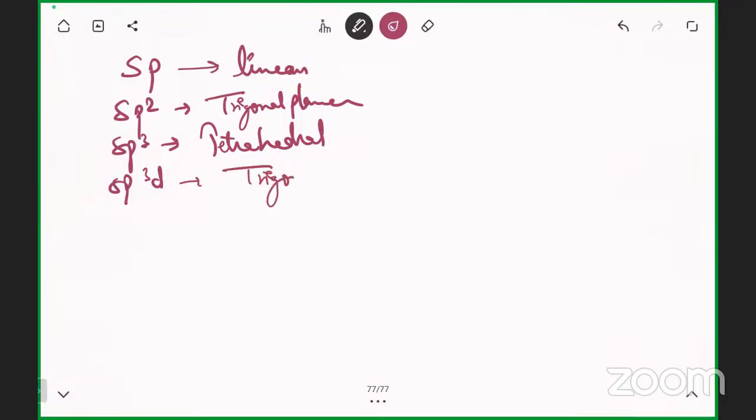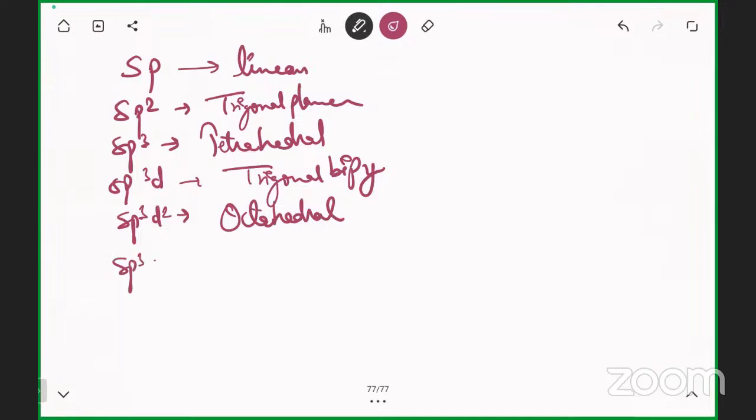SP3D2, octahedral. Another name of octahedral is square bipyramidal.